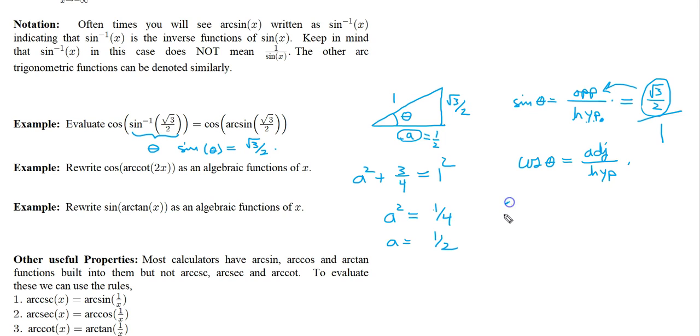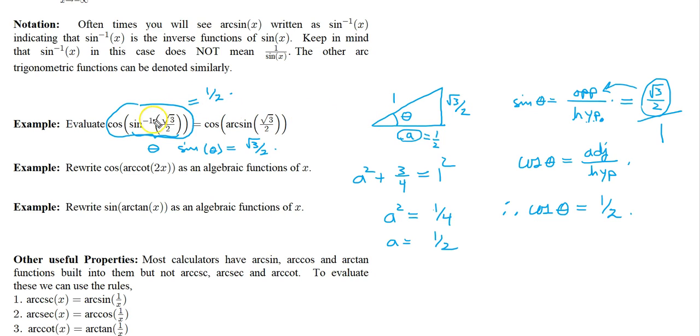And so therefore the cosine of theta equals 1/2. And that's what this quantity right here is equal to. So this entire quantity right here, then, we've found is equal to 1/2.